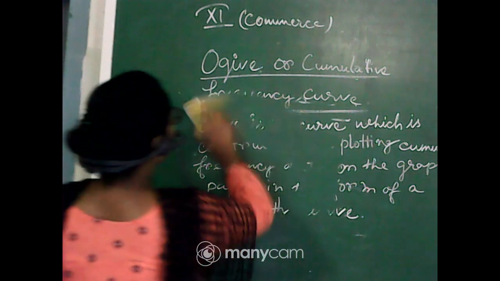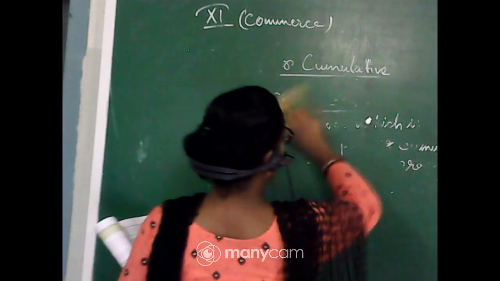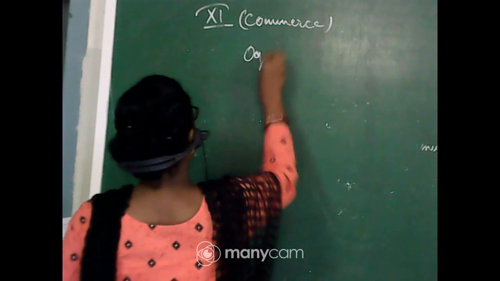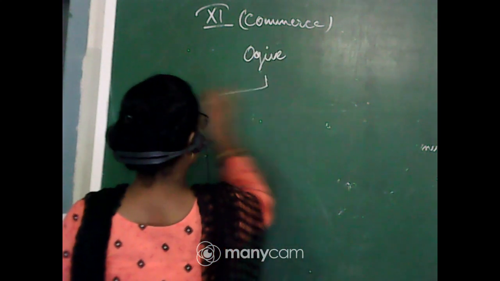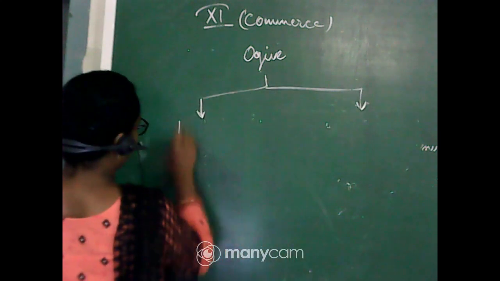So this ogive we can construct in two ways. One is the less than method.